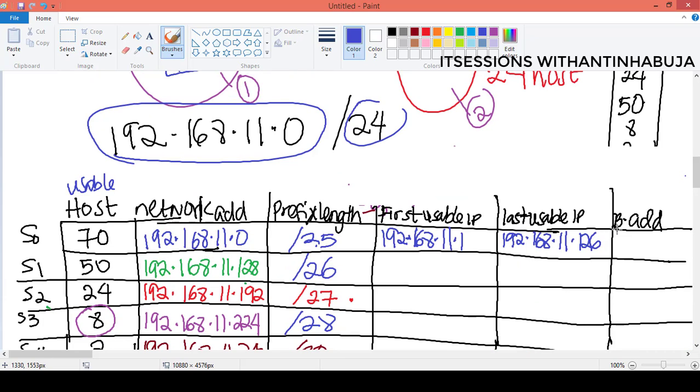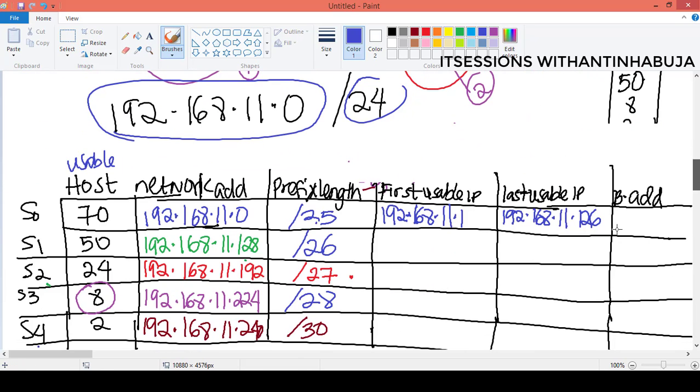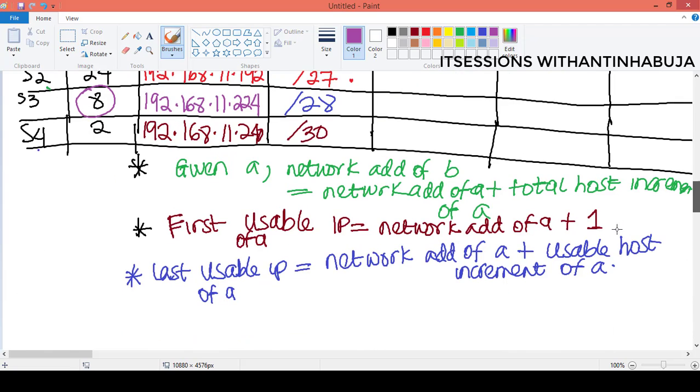Then we proceed to our broadcast address. Understanding your broadcast address is not that difficult. All you need to do is just add 1 to your last usable IP address.